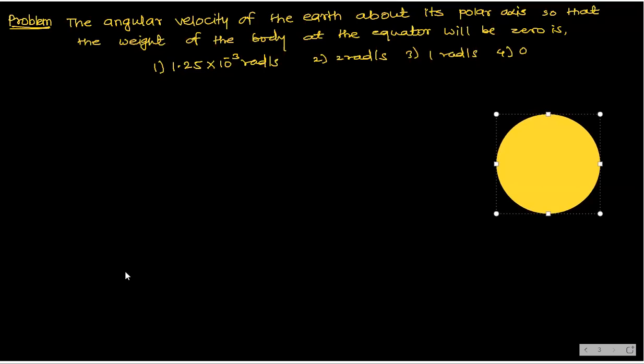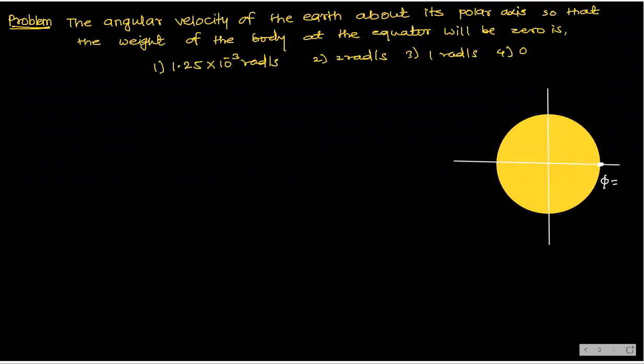Okay. See here. Now, suppose this is equatorial point I am taking here. And now at this point, the weight of the body will be 0. So at equator, phi angle is how much? Tell me.